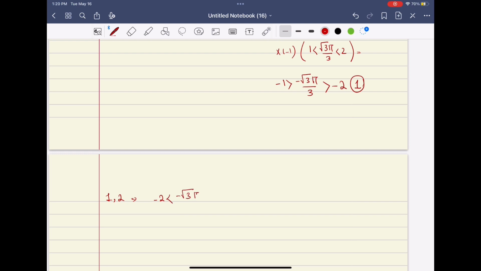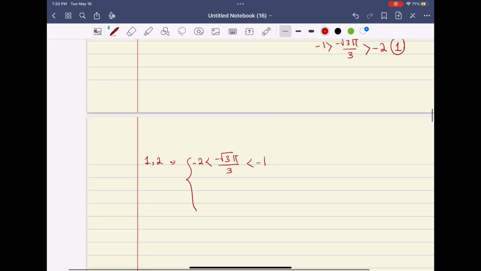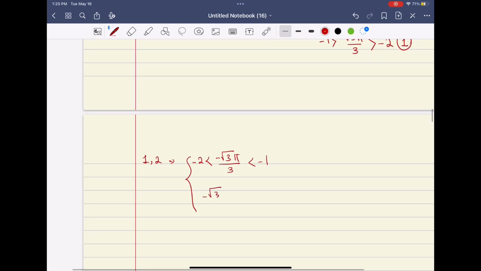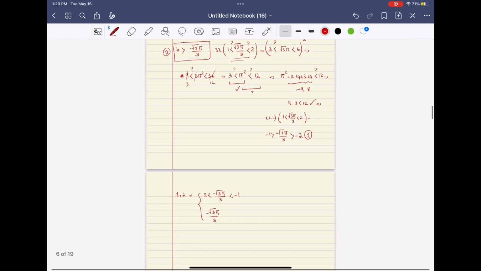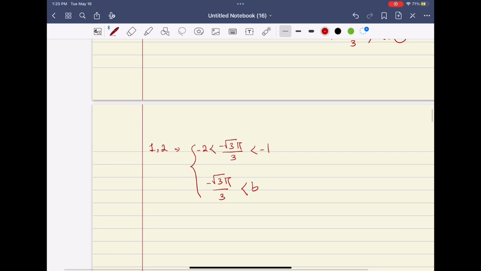The first thing is that -2 is less than negative root 3 times pi over 3 less than -1. And the second part is negative root 3 pi over 3 less than b. So if negative root 3 pi over 3 is less than b, then -2 would be less than b as well.